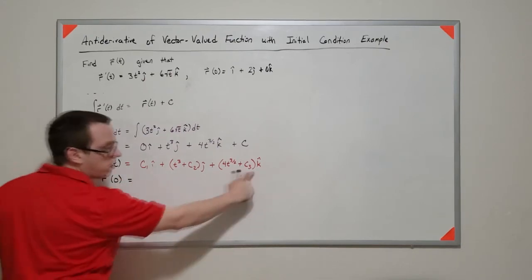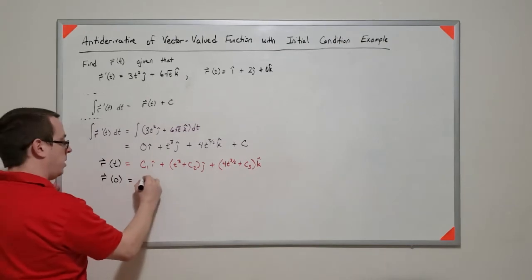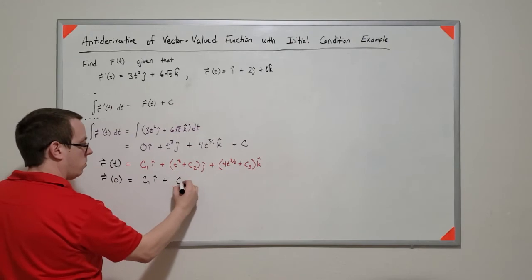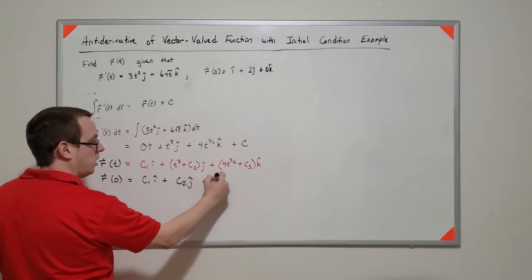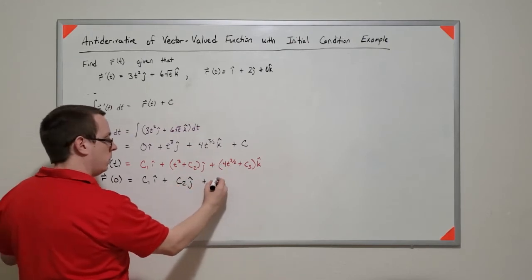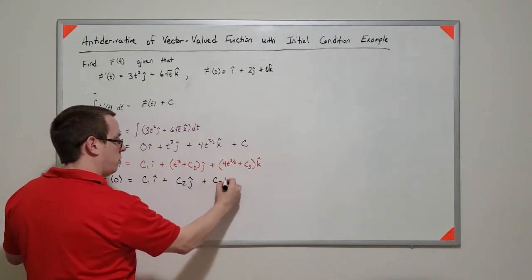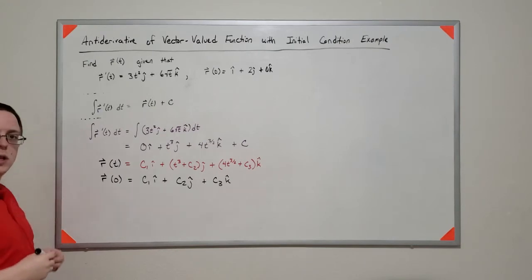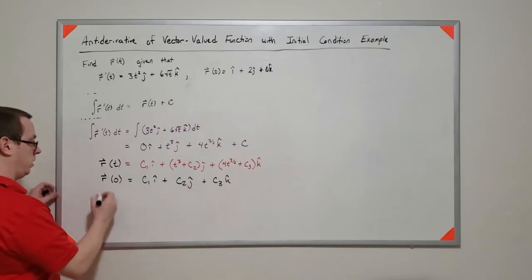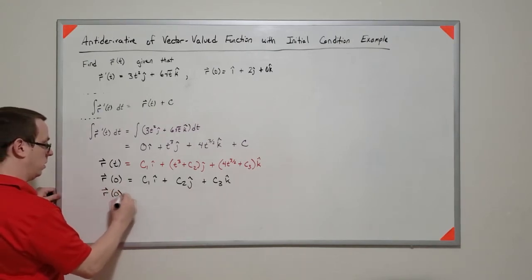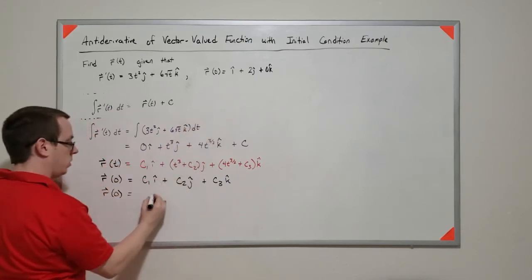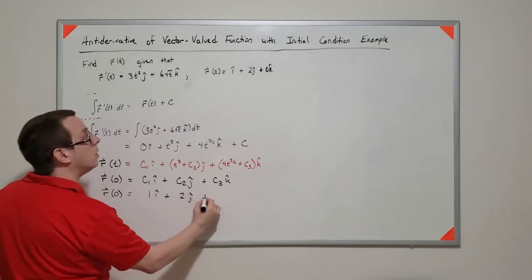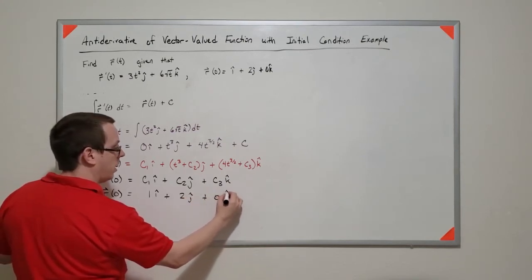If I plug 0 into this, I get C1 i plus, that goes to 0, C2 j, and that also goes to 0, C3 k. So I know not only does it equal this, but it also equals 1 i plus 2 j plus 0 k.